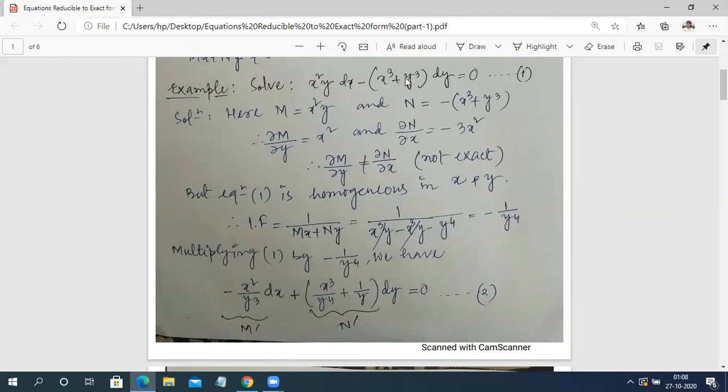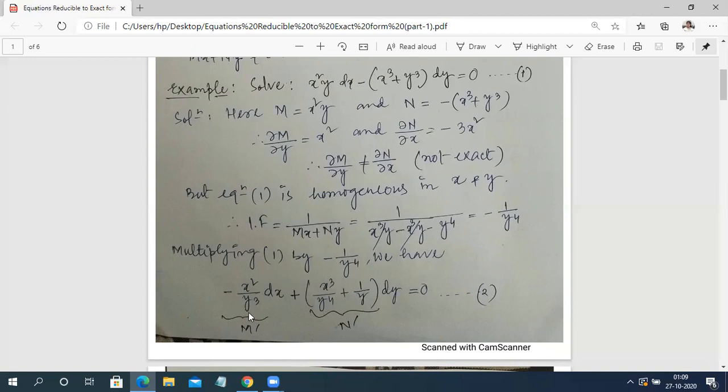Now multiply the given equation 1 with this integrating factor. So equation 1 will become minus of x square upon y cube dx plus, because it is already negative, negative into negative will be positive, so positive x cube upon y raised to the power 4 plus 1 upon y into dy.